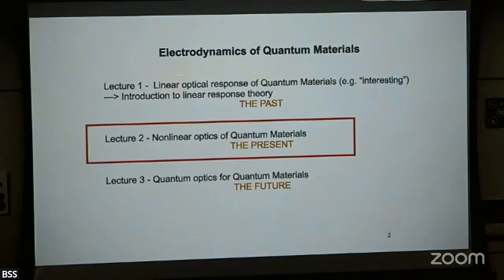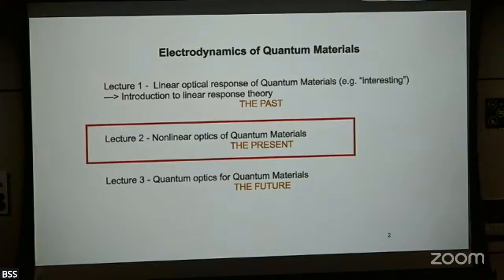Again, linear optical response of quantum materials, introduction to linear response theory. One of the things I want you to take away from that is the general structure here. Somebody asked yesterday when I started presenting this memory function, isn't this just linear response theory? And the answer is yes, but it's a particular realization of it.